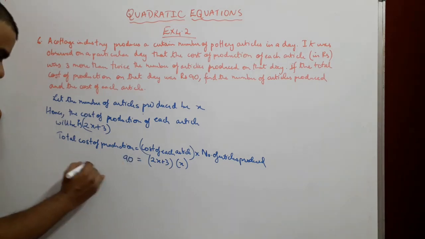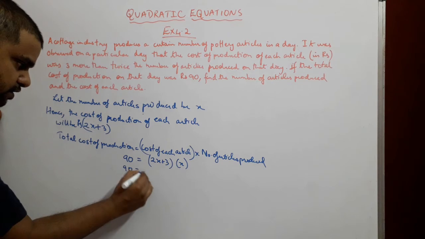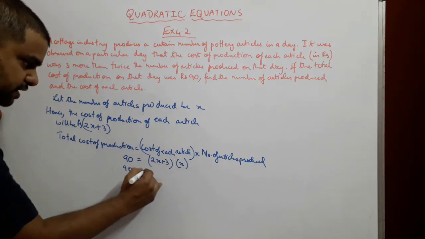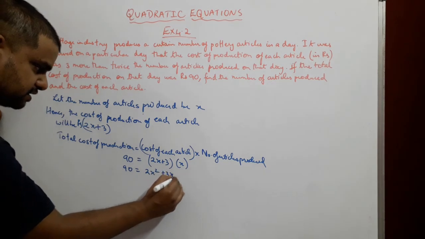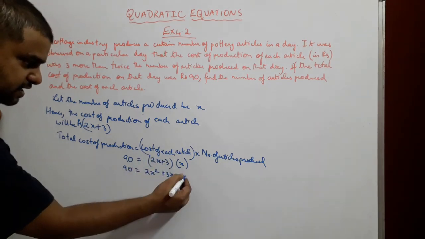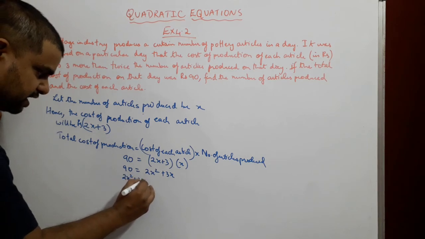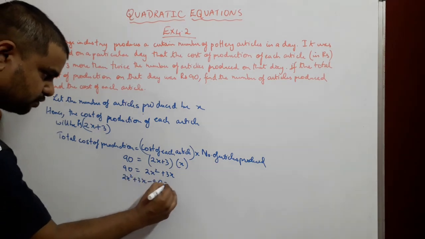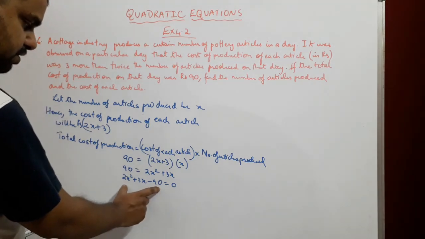So I'll write it on this side. So we'll get 90 equal to X into 2x gives us 2x square, X into plus 3 gives us 3x. Now we take 90 on the other side, it becomes negative, and we'll get something like this: 2x square plus 3x minus 90 equal to 0. So here we need to find out what is the term that we need to factorize.